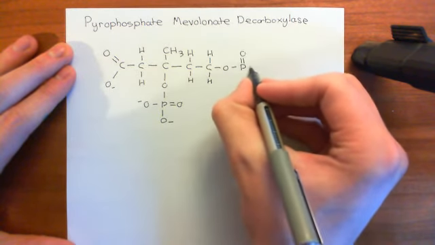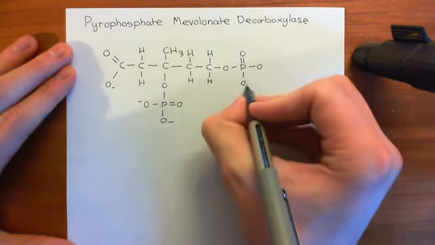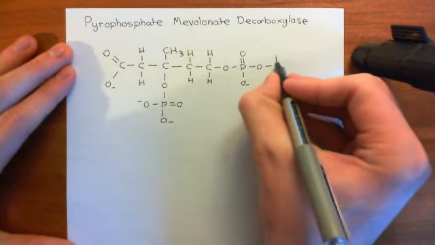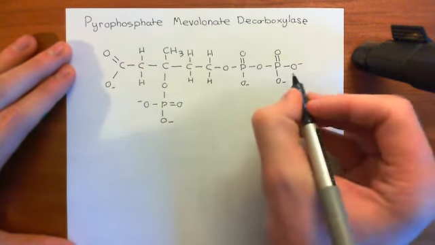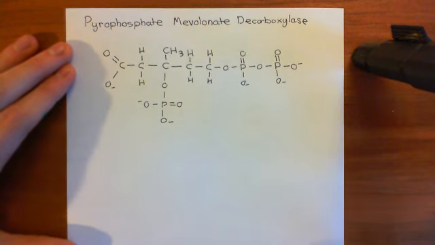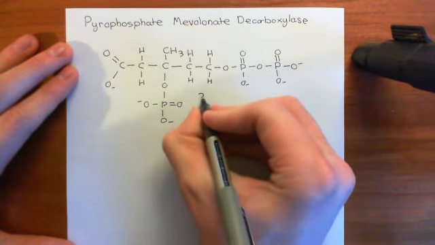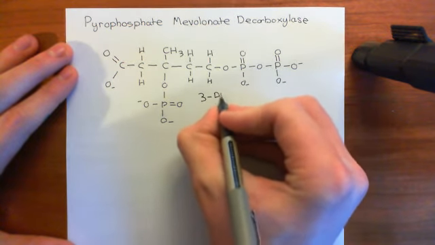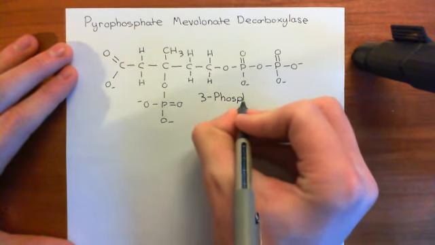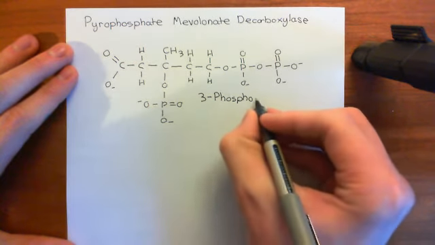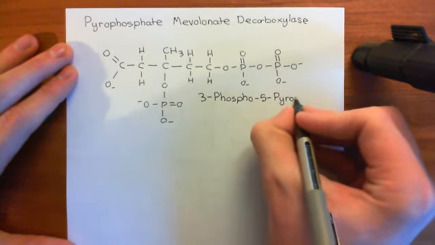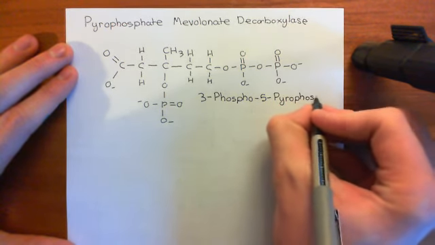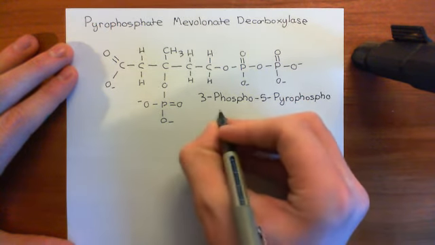So here is our first phosphate group, then we have our second phosphate group, like so. This molecule here is known as 3-phospho-5-pyrophosphomevalonate. 3-phospho, because we've got a phosphate group coming off the third carbon's alcohol group now, and 5-pyrophospho, because we've got a pyrophosphate group coming off the alcohol group at the 5th carbon, and then mevalonate.